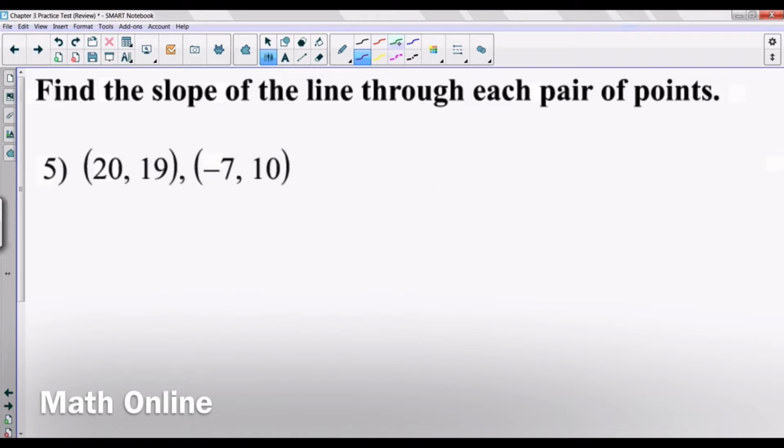Okay, so here we go. M is equal to y2 minus y1 over x2 minus x1. And pretty much what the formula says is just the difference between the y values over the difference between the x values of these given points. The change in y over the change in x.